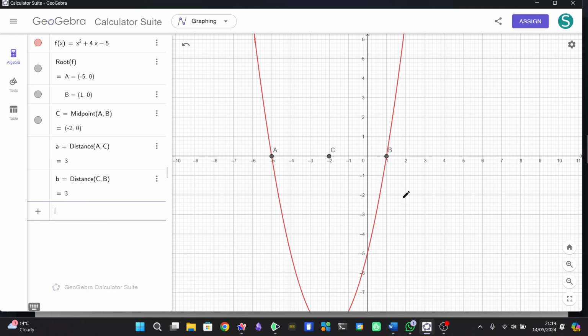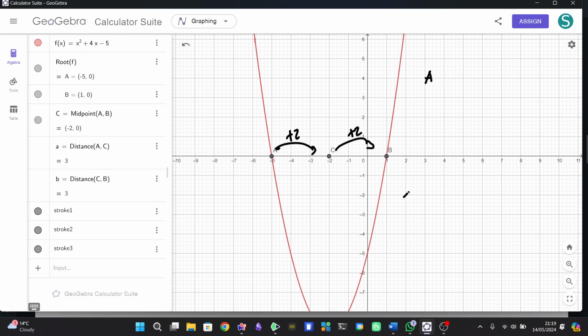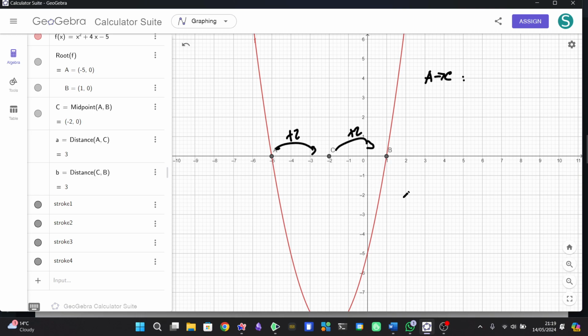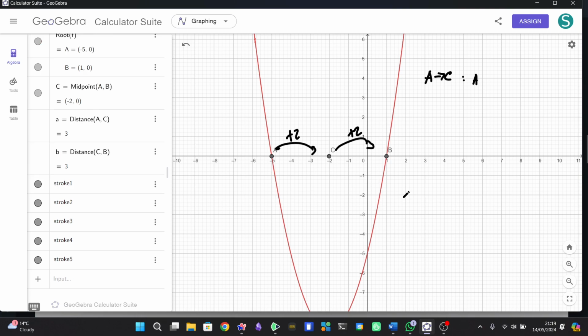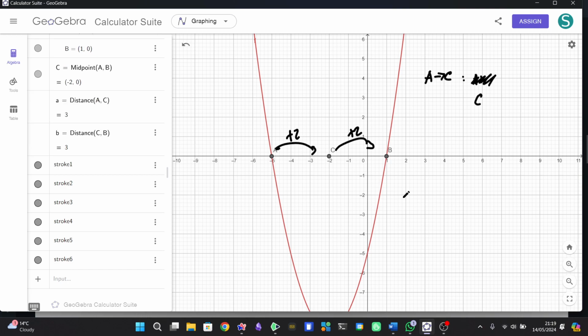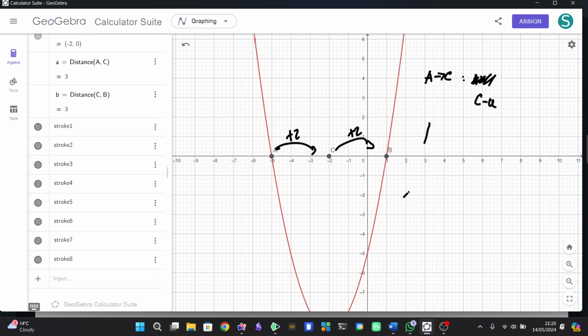So in order to get to a, you add 2, and in order to get to b, you add another 2. So from a to c, in general, we could just go backwards from c, so that's c minus some constant, let's call it u.